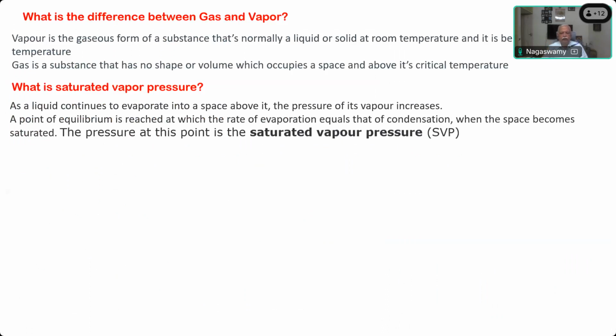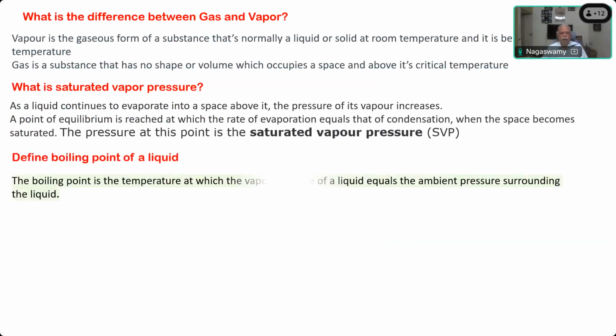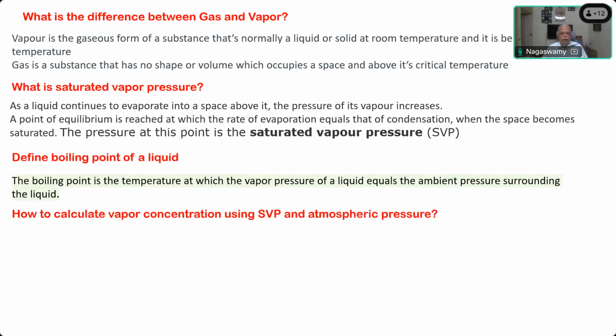Any liquid which is capable of becoming a vapor will also be constantly condensing and becoming liquid again. So the point at which the rate of evaporation and condensation are equal within the space they are occupying is called the saturated vapor pressure. Okay. Definite boiling point, that also we have seen.